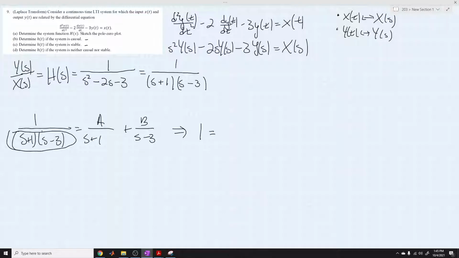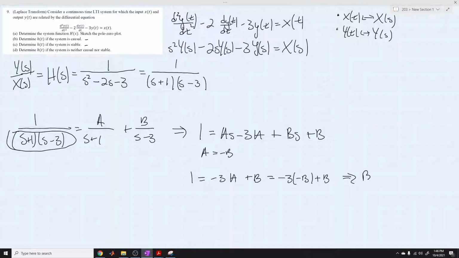So I get 1 is equal to A times s minus 3, so A s minus 3A, plus B times s plus 1, so B s plus B. And we have no s's, so that automatically tells us that A is equal to negative B. And then that means that 1 is equal to minus 3A plus B. We can change out A for what we know: minus 3 times minus B plus B. In other words, B is equal to 1/4 and A is equal to negative 1/4.